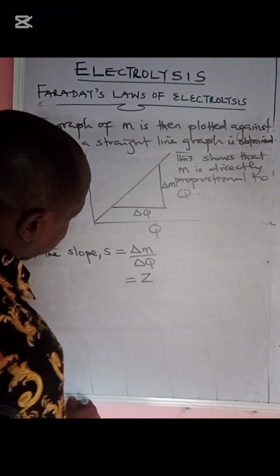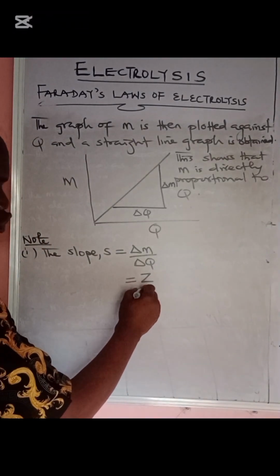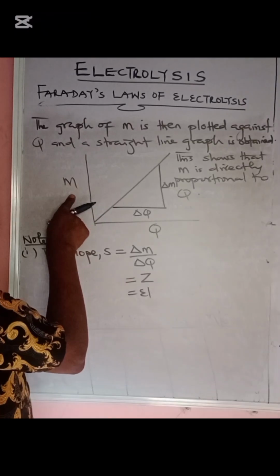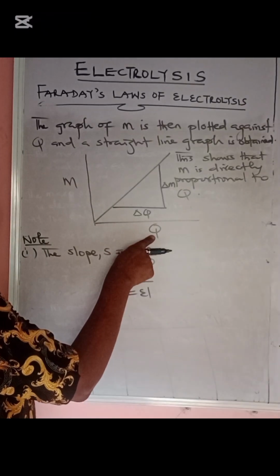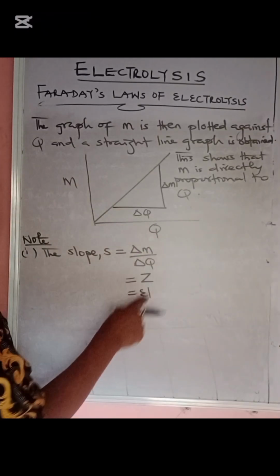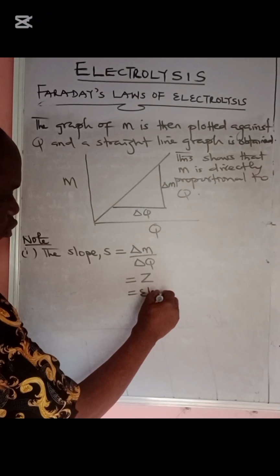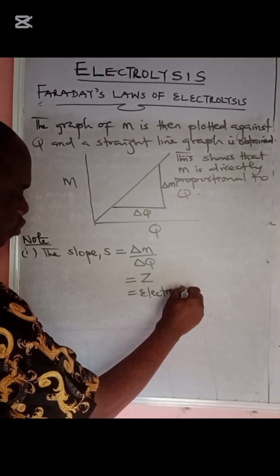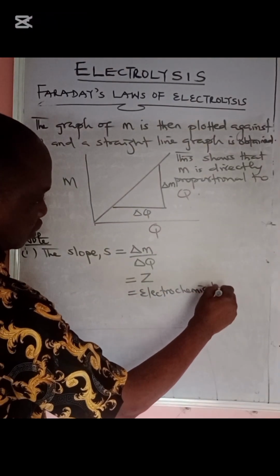So the slope of mass of the substance deposited at the electrode against quantity of electricity passed will give electrochemical equivalence.